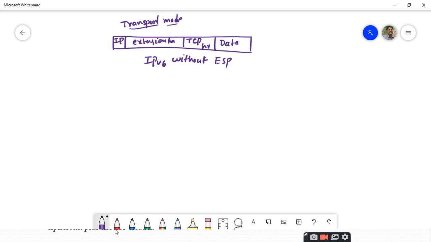The same thing happens here also. You have the TCP header like this, and you have the data similar to the previous one, and you have to add the ESP header.